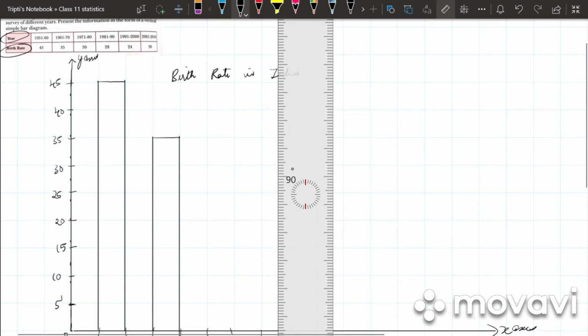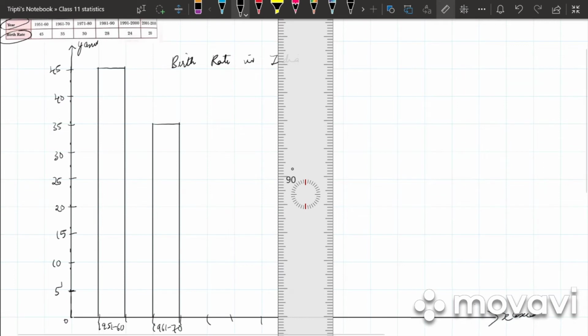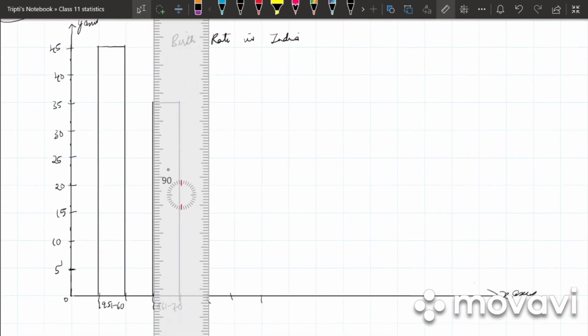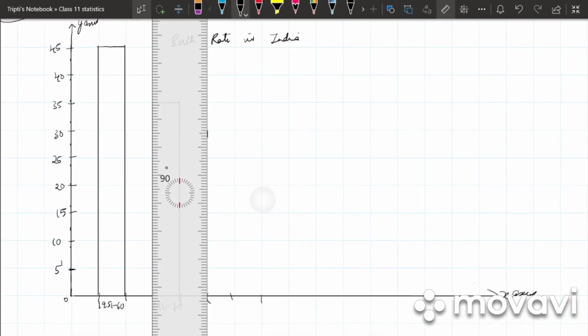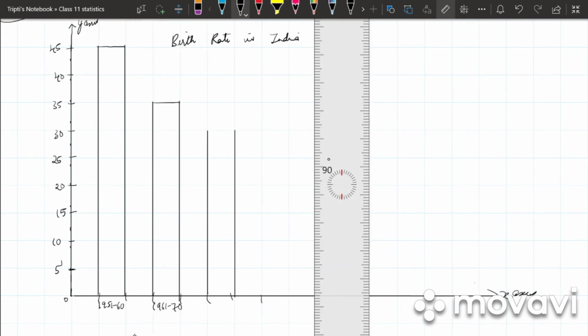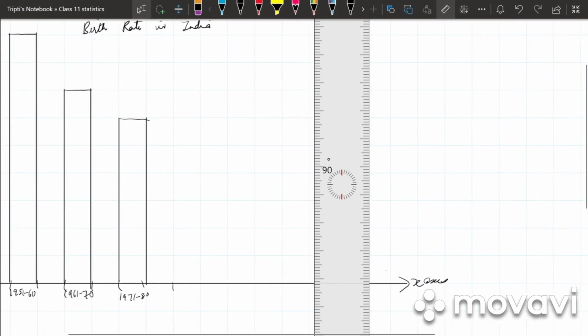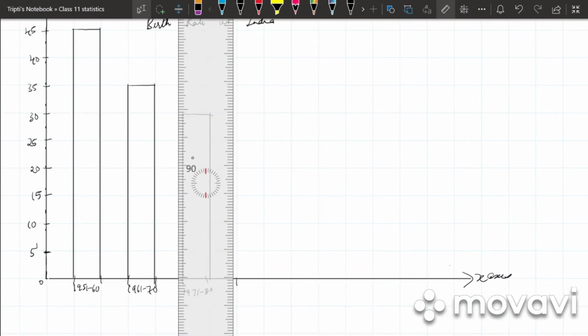Next we have 71 to 80, that is 30. So after you have done marking, every time write down the year below the bar diagram. So it is 1971 to 80. Then we have 28. So have you marked here 28?